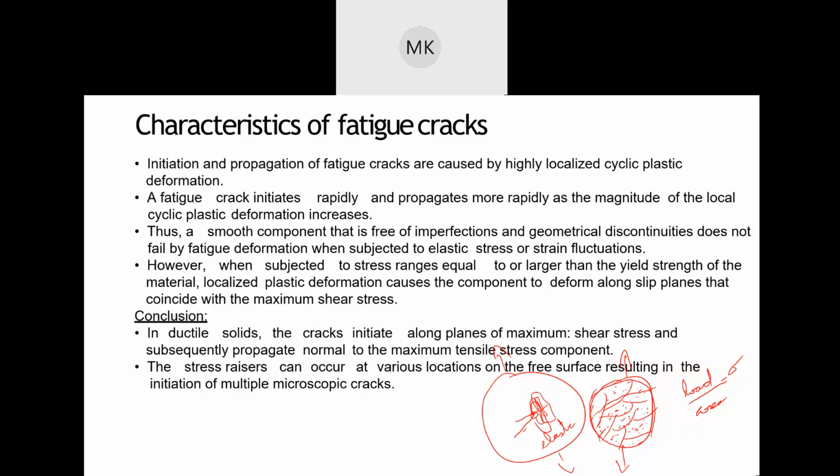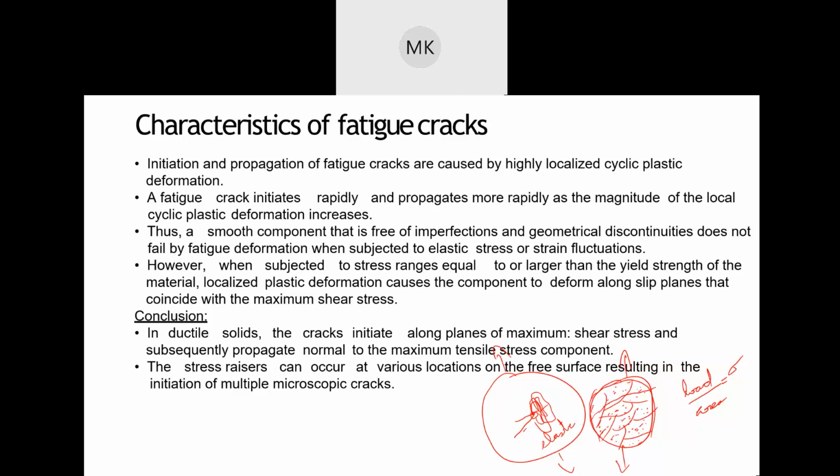But in any fatigue application, they make sure that the surface is all polished, that there is no surface roughness in the material, because any surface roughness is like a stress raiser or a stress concentration, a point at which the crack can initiate.